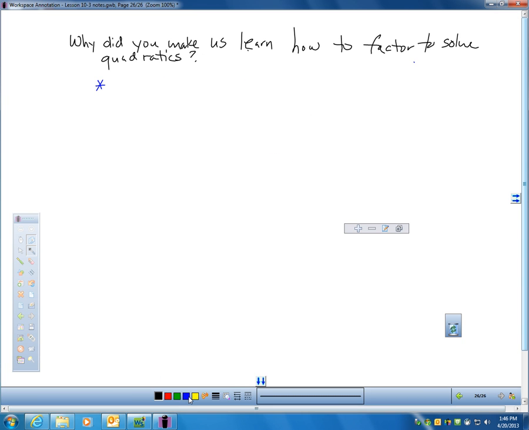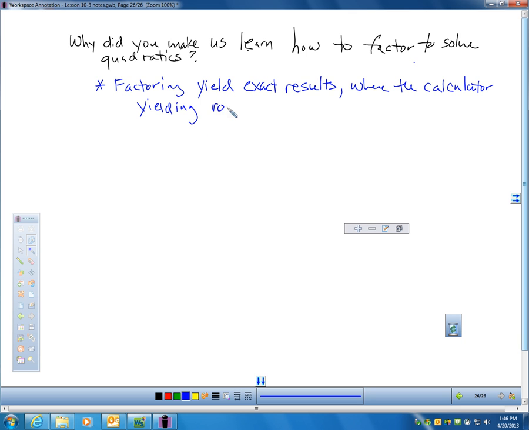Well, remember, the reason is factoring yields exact results, where the calculator gives rounded results.